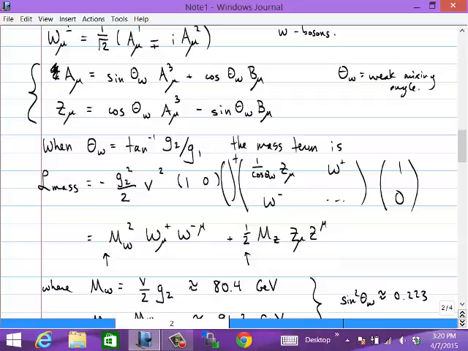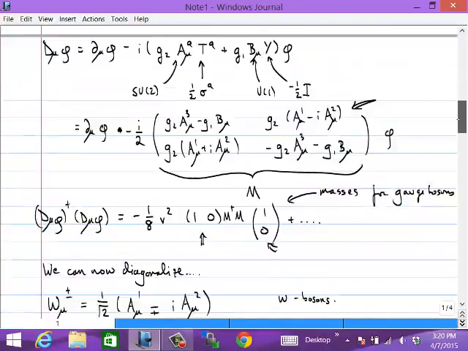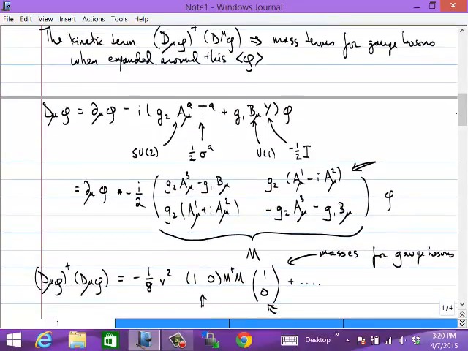Roughly speaking, it's because electromagnetism is a linear combination of hypercharge and T3, where T3 is the third Pauli matrix. It's the diagonal component here.